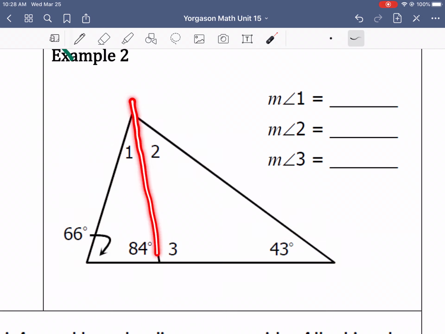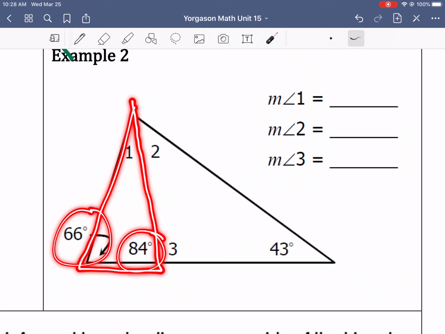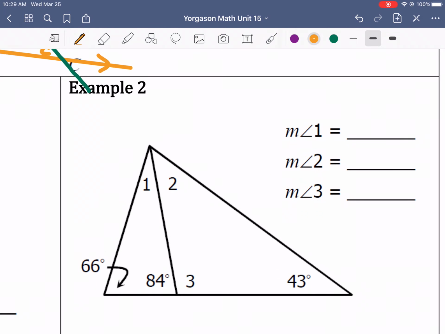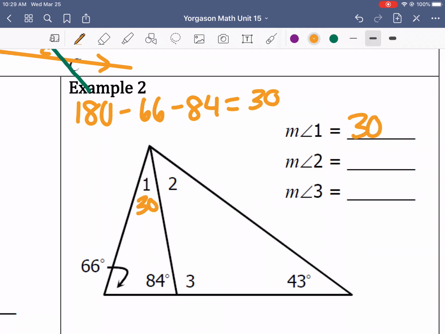So I'm just looking to see if there's something where I can start, and I think this is a good starting place, right? We have 2 angles here, and we know that the third angle has to equal 180. So let's start with angle 1. We're going to find 180 minus 66 minus 84. If I subtract all of that stuff away, I'm left with 30. So the measure of angle 1 is 30 degrees.